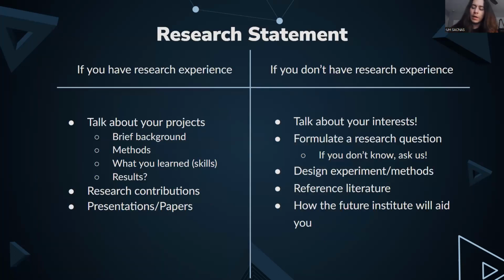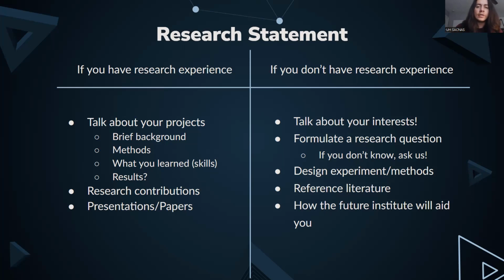Now, the other type of essay they might ask you is a research statement. So this is another type of essay that differs from personal statement and statement of purpose. There are similarities between statement of purpose and research statement. You could think of a statement of purpose as a combination of personal and research put together, with personal and research being separate from that.